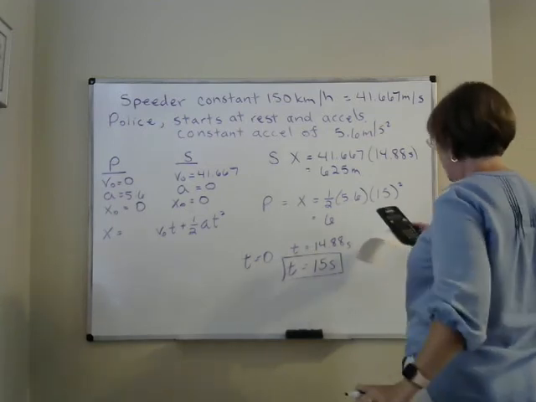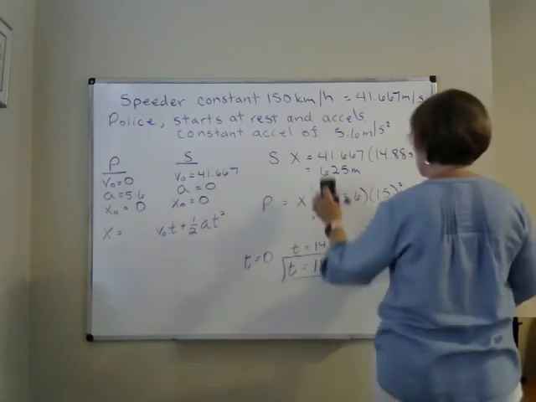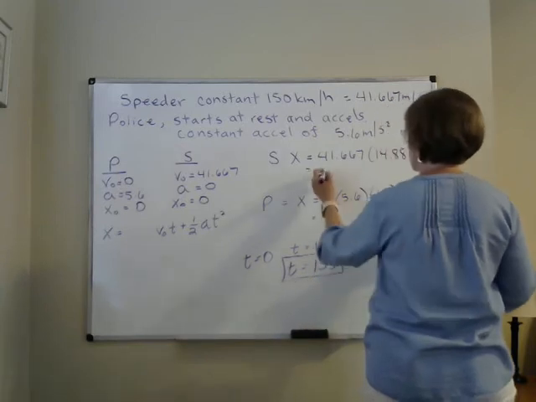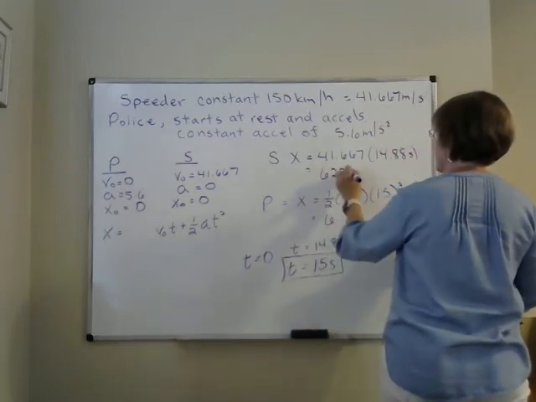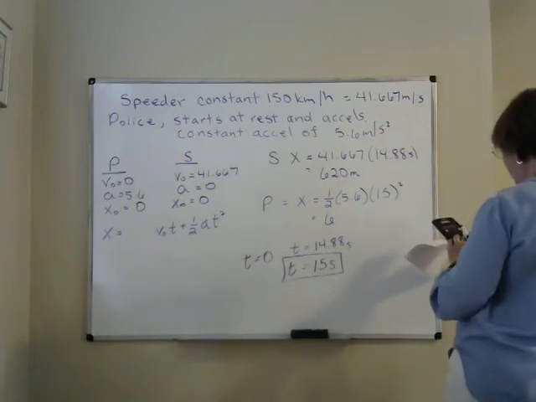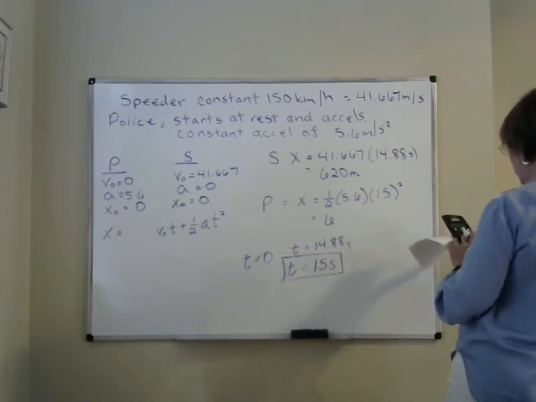It comes out to be a little less than 625, so about 620 meters. If I do 0.5 times 5.6 times 14.88 squared, whoops.